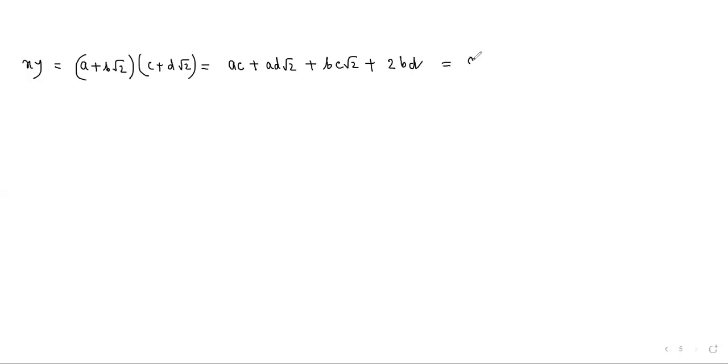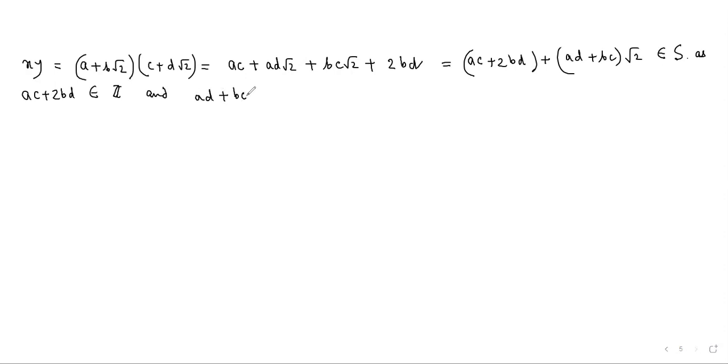If I multiply the elements x, y, which is A plus B root 2 into C plus D root 2, after multiplication we will get AC plus AD root 2 plus BC root 2 plus 2BD, which can be written as AC plus 2BD plus AD plus BC into root 2, which obviously belongs to S, as AC plus 2BD belongs to Z and AD plus BC belongs to Z.